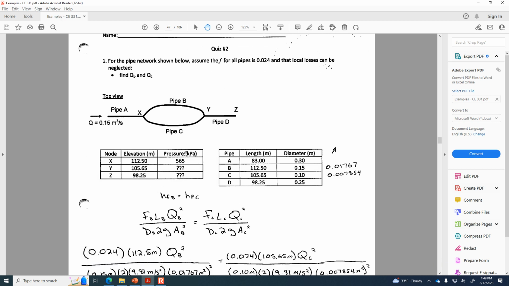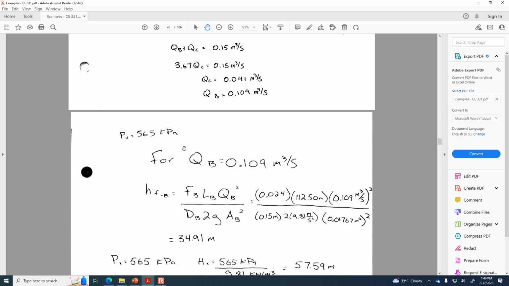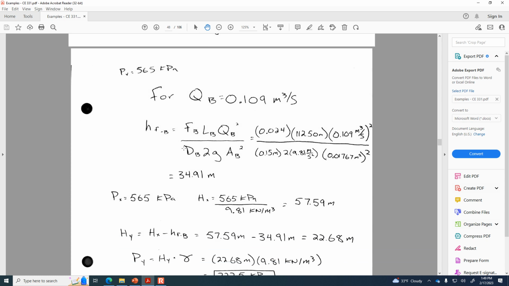It also asked to find the pressure downstream. You're given the elevation and the pressure at one of the junctions. So the way that you find the pressure downstream is you just find out how much head loss there is. You can put that flow rate into either one of the pipes and determine the magnitude of the head loss. And so the head downstream is the head upstream minus the losses.